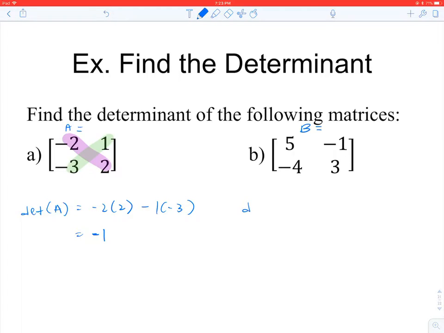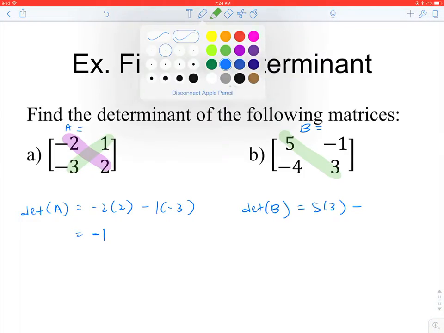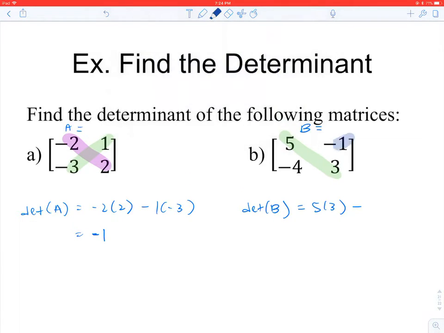Okay, and I'm going to call this matrix B. So if I want to find the determinant for B, it'll be the first diagonal minus the product of the second diagonal. So that'll be 15 minus 4, which is 11.